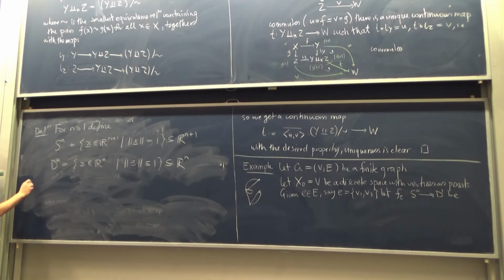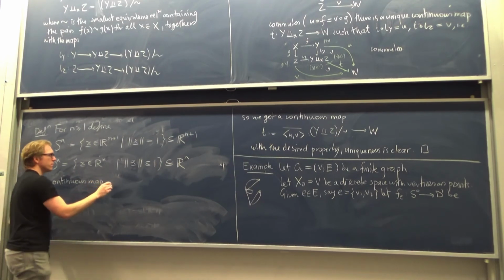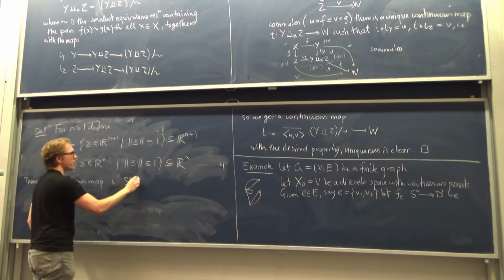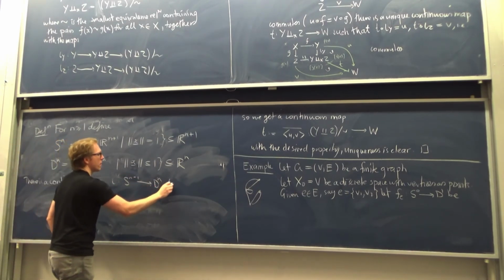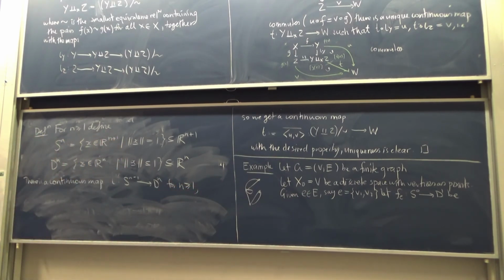So the (n-1)-sphere sits inside the n-disk, just by inclusion from the definition.